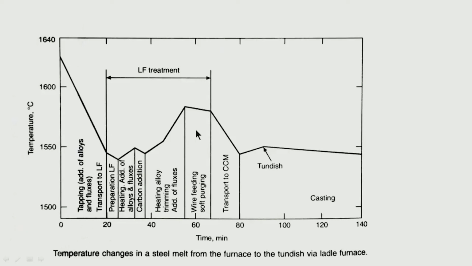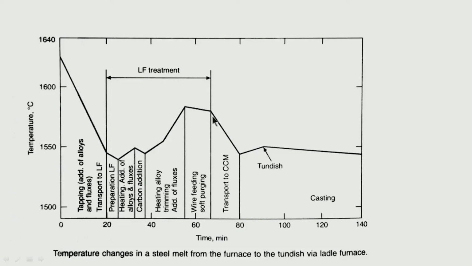Then we can do wire feeding also. For deoxidation, wire feeding of aluminum is possible here. So some purging is also possible. So at this stage, or even wire feeding of calcium is done at this stage, last stage of LF, or just outside the LF.